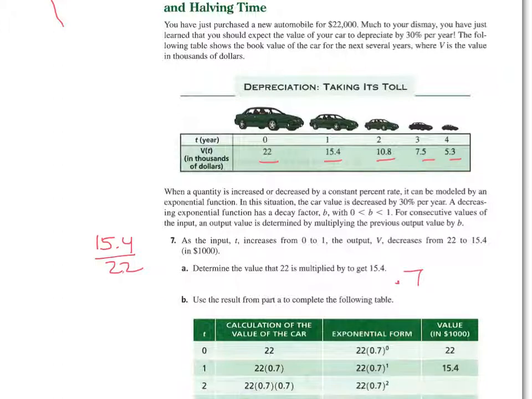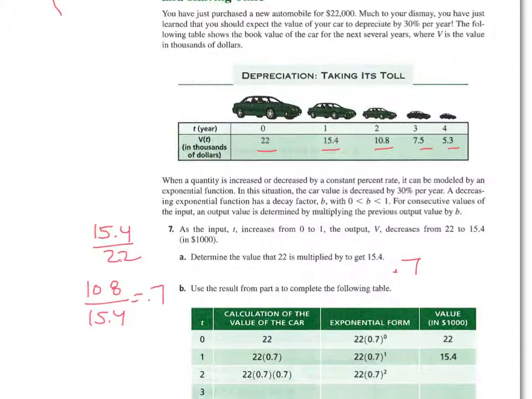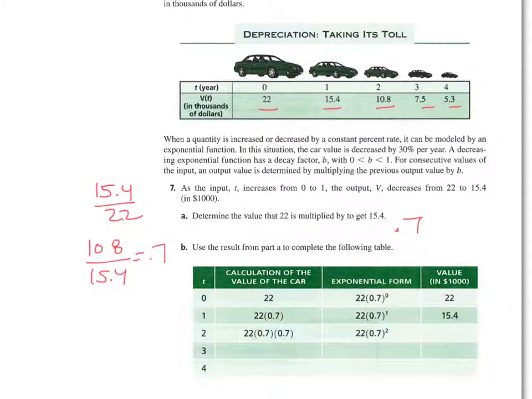Okay, and likewise if I did 10.8 divided by 15.4, I would also get 0.7. So the idea is if it's losing 30% of value each year, well then it's keeping 70% of the value. So I'm multiplying each one by 0.7, and that makes it go down by 30% every year.